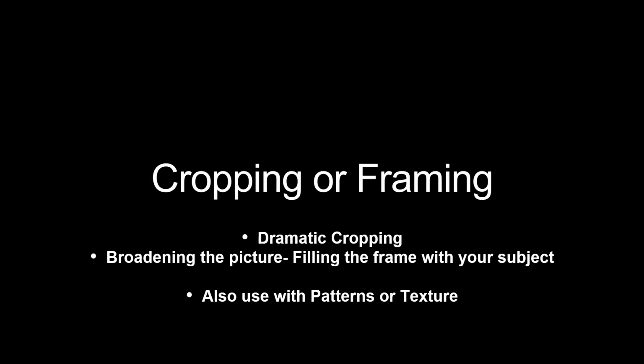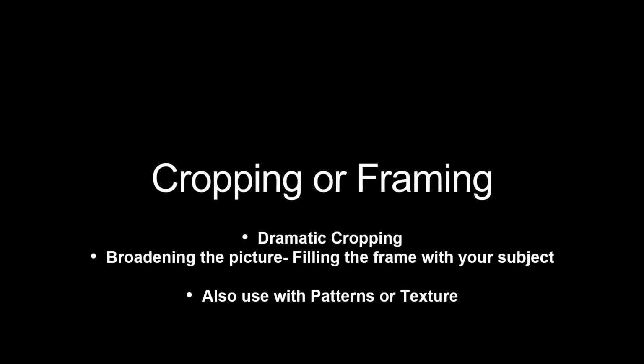With framing, you can think of it as something that's surrounding your main subject so that your attention is drawn towards that. When I think of framing, I think of an actual frame, a picture frame, like a metal or wood frame that would surround your drawing or painting or photograph.